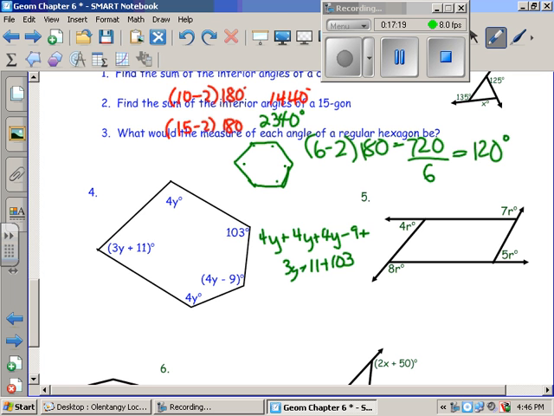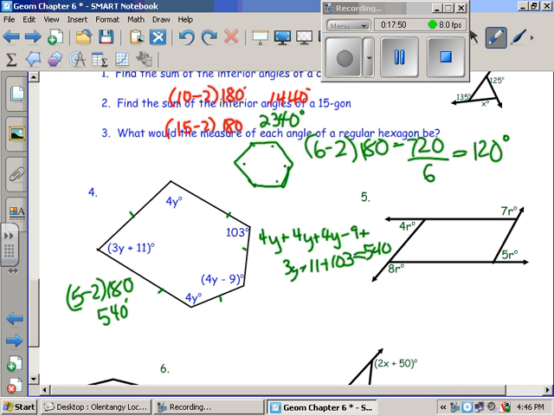And I know that all together that should equal, well, there are 1, 2, 3, 4, 5 sides, so 5 minus 2 times 180. 3 times 180 is 540. So I know that all of this added together is 540. And then I'd combine like terms and I'd solve. Right? We're getting out of time here, so I'm going to go quick.